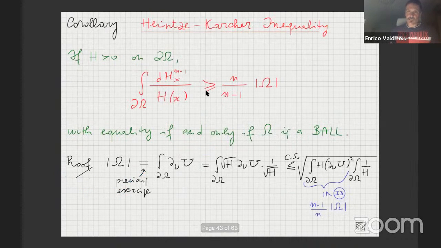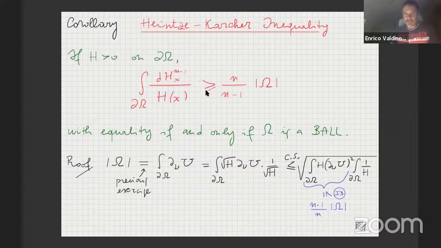Okay, so for the particular case of the Sobolev theorem, there was this idea, which I think dates back at least to Antonio Ros, to exploit the so-called Heintze-Karcher inequality. Well, the Heintze-Karcher inequality is just Cauchy-Schwarz, if you like.